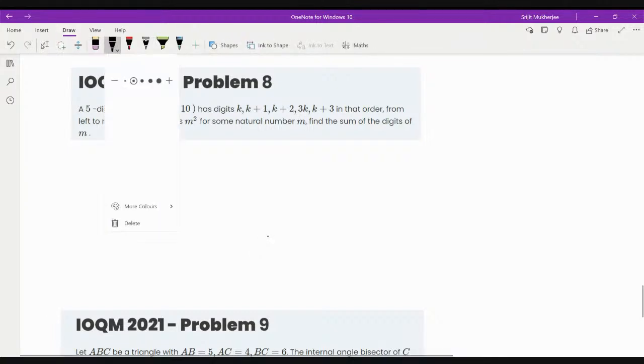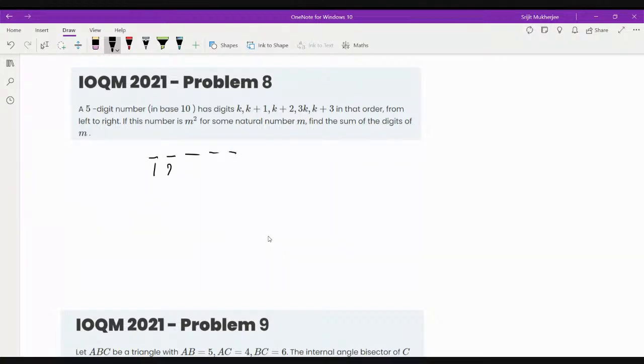Let's take this example: 1, 2, 3, 4, 5. This number is the same as 5 into 10 to the power 0, and so on. Consider the 0 place, then first, second, third, and fourth. Multiply by 10 to the power 0, 10 to the power 1, 10 to the power 2, 10 to the power 3, and 10 to the power 4.